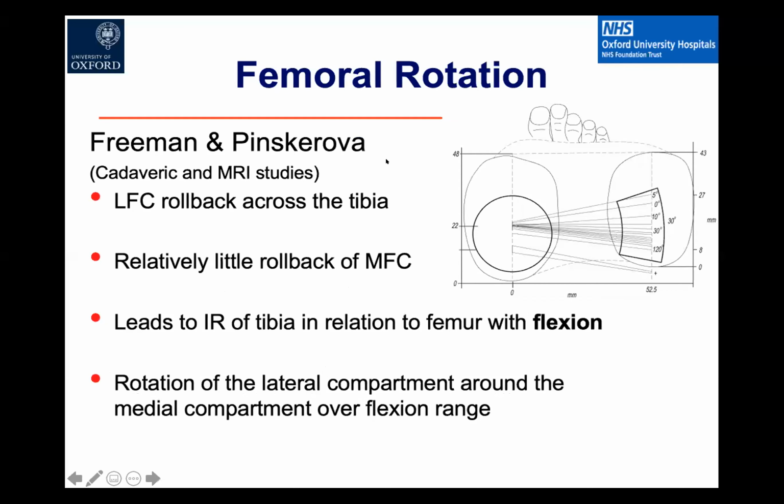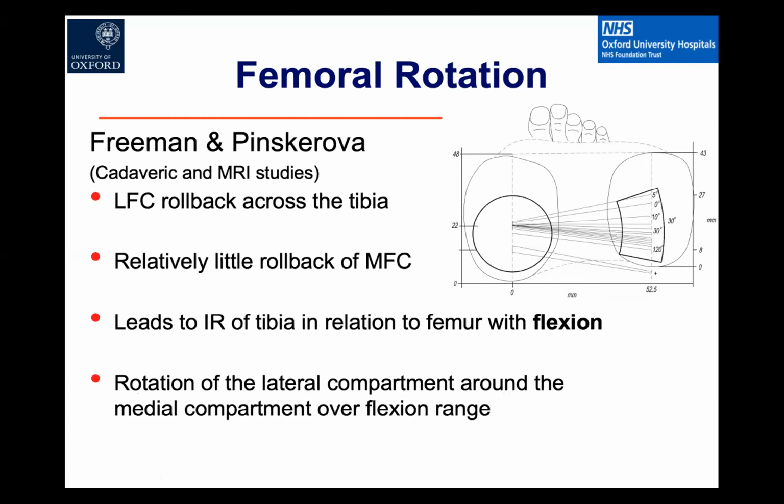So this femoral rotation and rollback was highlighted very elegantly by a set of cadaveric and MRI studies from Mike Freeman and Vera Pinskerova from London in the late 90s, early 2000s. And they showed, as you can see from this diagram, that the lateral femoral condyle rolls back across the tibia, and the rollback on the medial femoral condyle is very small.